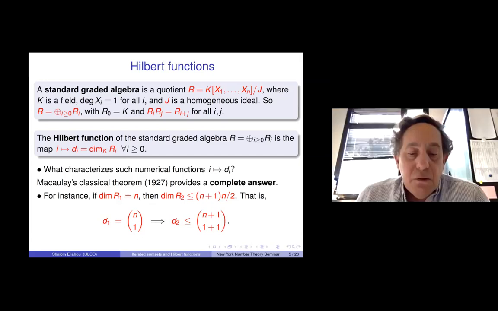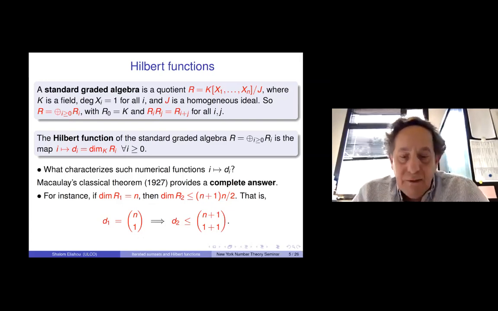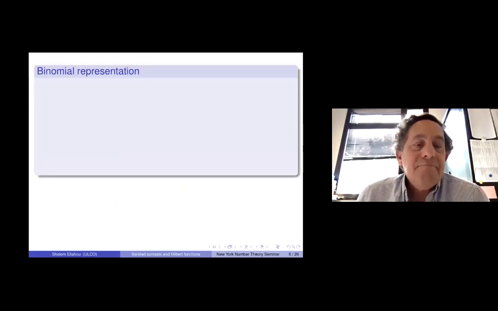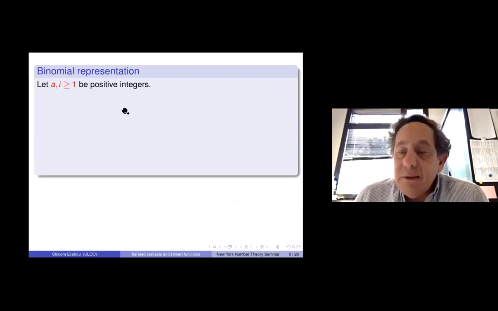Okay, so in fact, Macaulay's theorem is a generalization of this easy fact, a wonderful generalization of this easy fact. So I need to introduce a binomial representation. Take a positive integer a, and take i another positive integer.